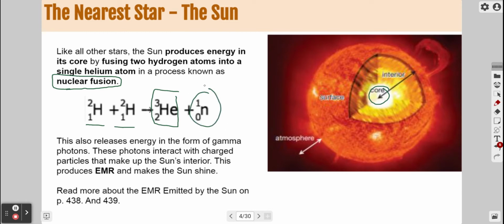Now we're going to look more at nuclear reactions in Unit 4, but for now you just need to know that this nuclear fusion reaction is what gives the sun the ability to produce all of this energy, and this energy is in the form of electromagnetic radiation.